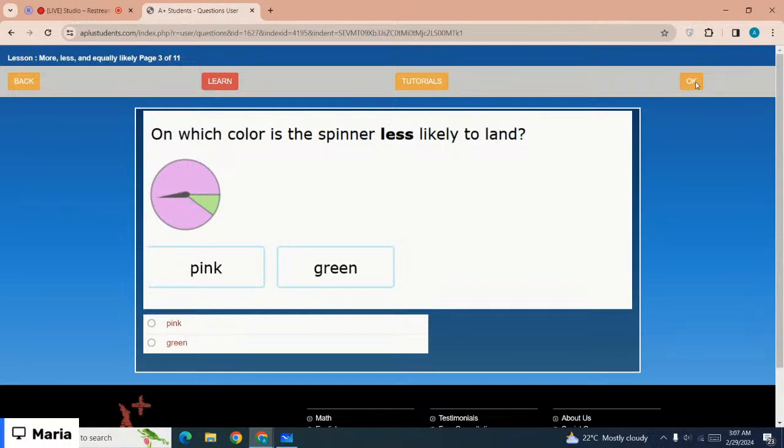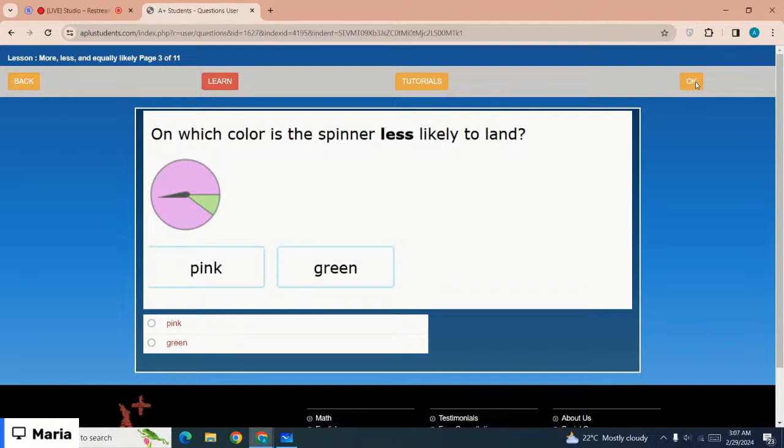On which color is the spinner less likely to land? Which is the correct option? Now you have to see the less likely to land. The spinner has two portions, pink and green.